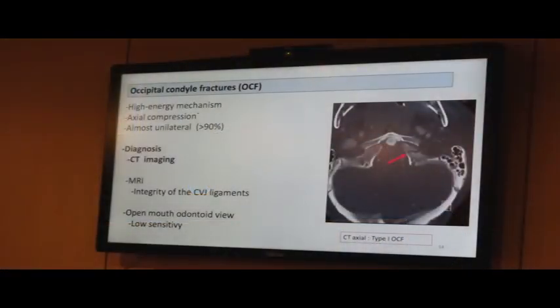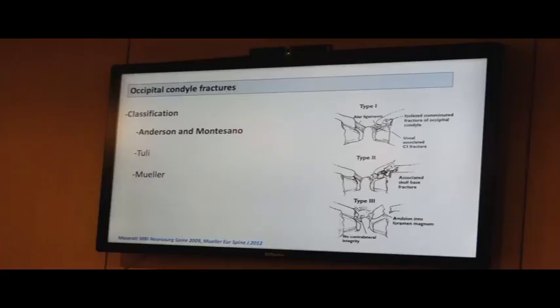MRI is recommended to assess the integrity of the craniocervical ligaments for determining the stability of occipital condyle fracture. Usually, open mouth radiographs have low sensitivity. The most widely known classification for this lesion is the Anderson and Montesano classification, which entails a gradation of increased severity.